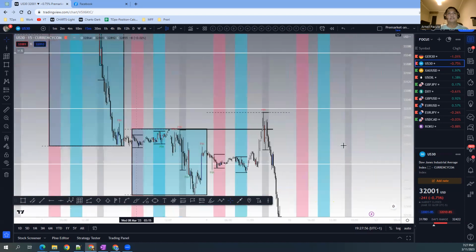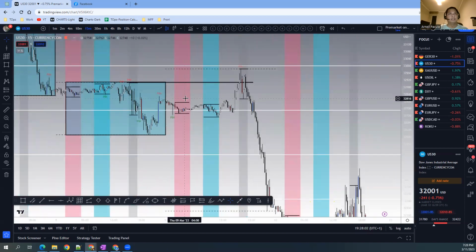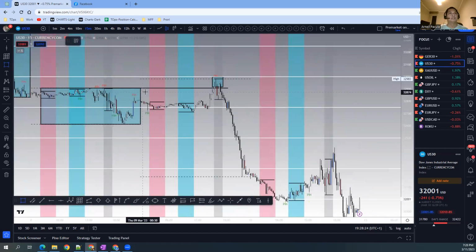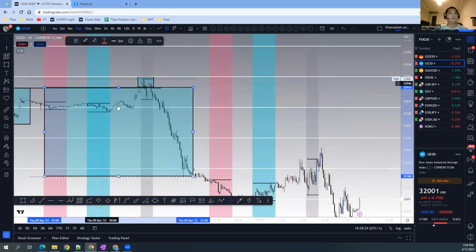All right, so let's go over more to the rest of the days during the week. What happened here is accumulation in the Asian, still accumulation also in the London, and then manipulation during the US session. So US30, manipulation, and then distribute. Oh, what a huge move. So I remember I was trying to short this one, but paaga yung short ko.